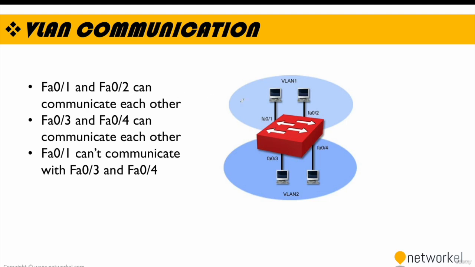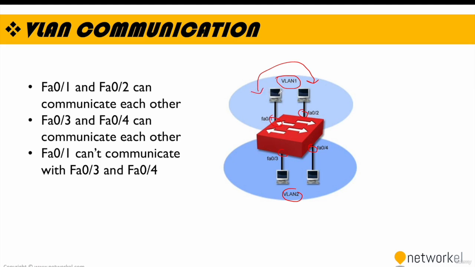I have FastEthernet 0/1, 0/2, 0/3 and 0/4 ports of this switch. Port 1 and 2 belong to VLAN 1, and ports 3 and 4 belong to VLAN 2. The PCs in the same VLAN can communicate with each other.